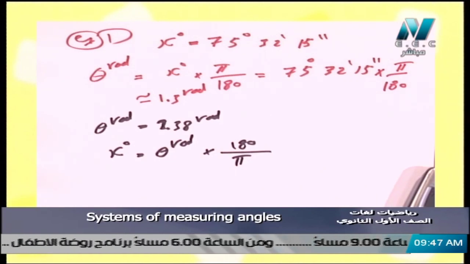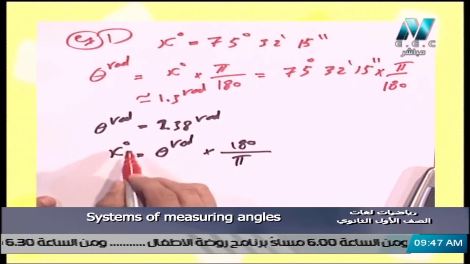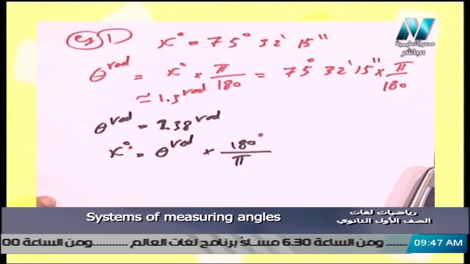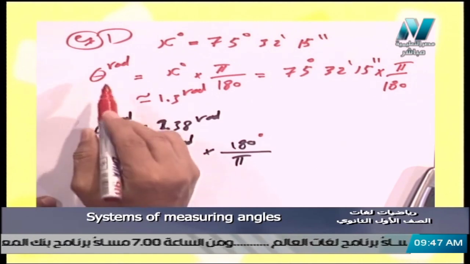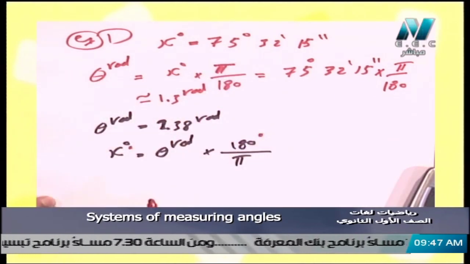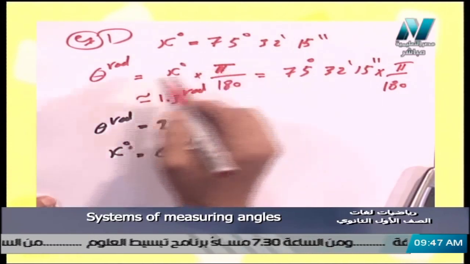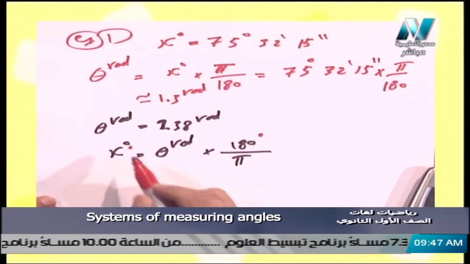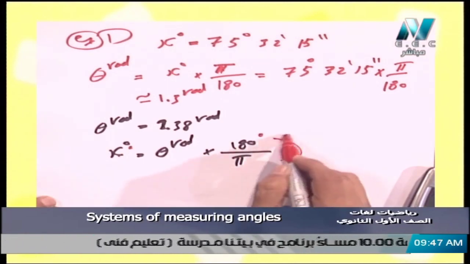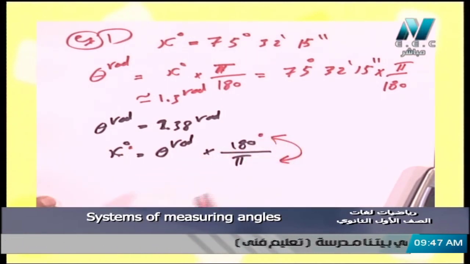Notice that if you want degrees, 180 will be up, and if we want theta rad, the pi is up, because pi is read as theta rad and x degrees as 180 degrees, and we know that 180 is equivalent to pi.